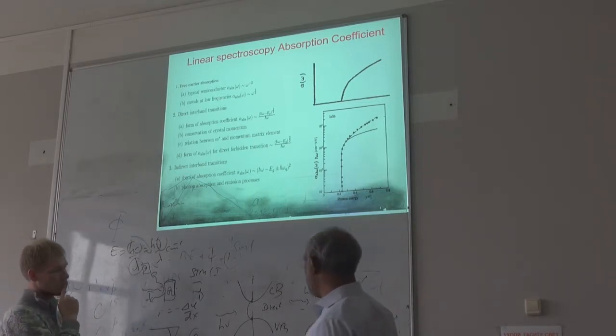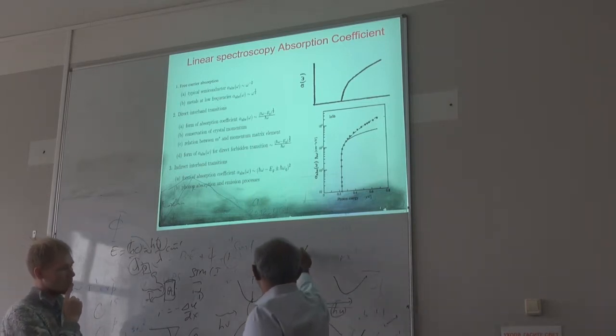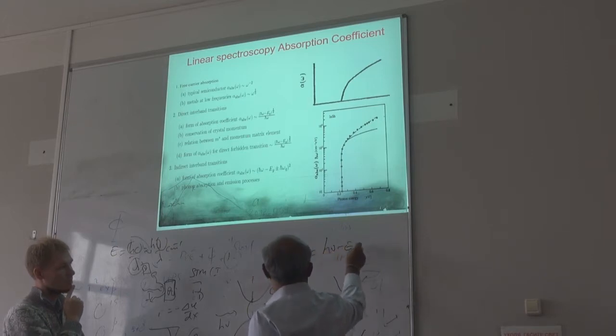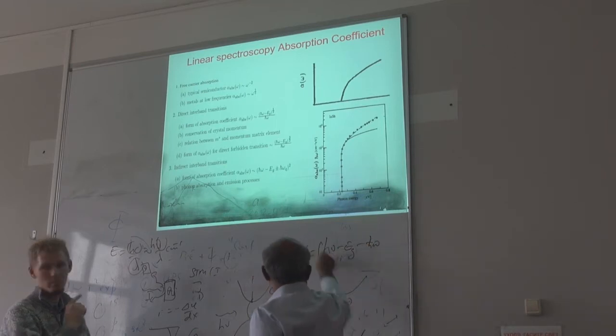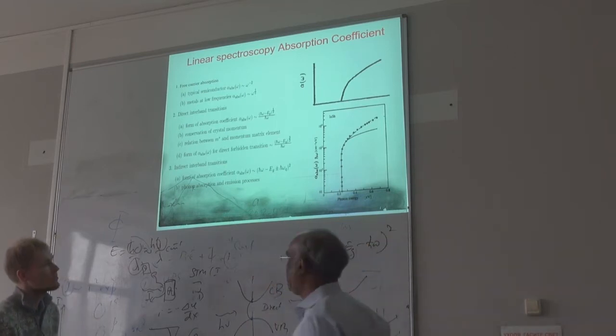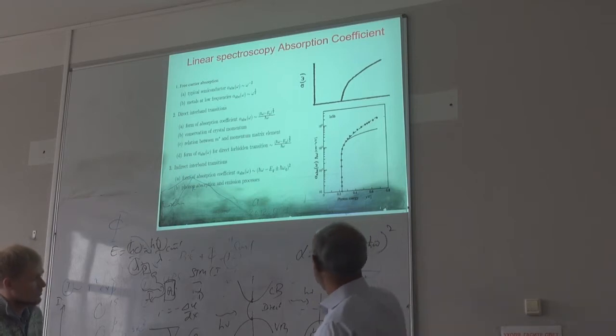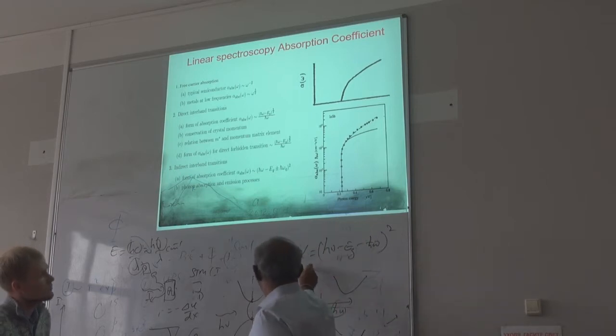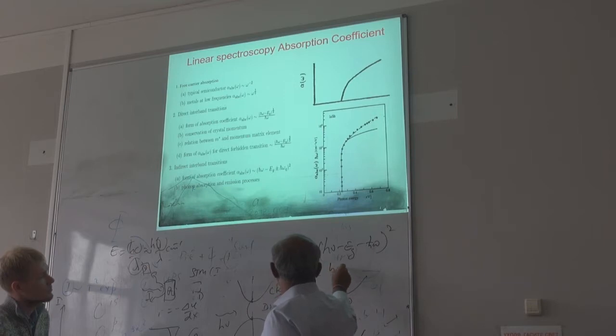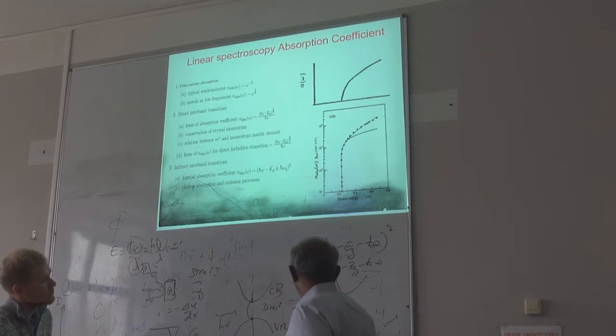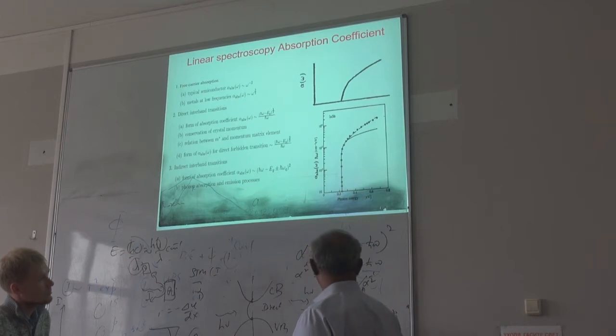But if it is an indirect band gap, alpha goes as h nu minus Eg with also this phonon term, and this is typically squared. That means you need to plot the square root of alpha h nu against h nu.